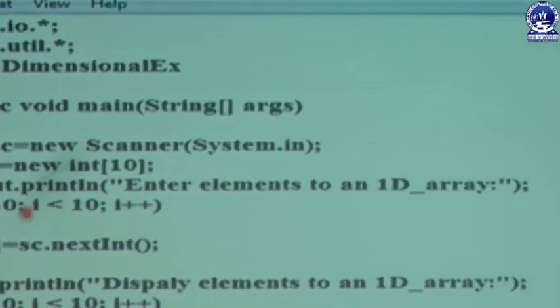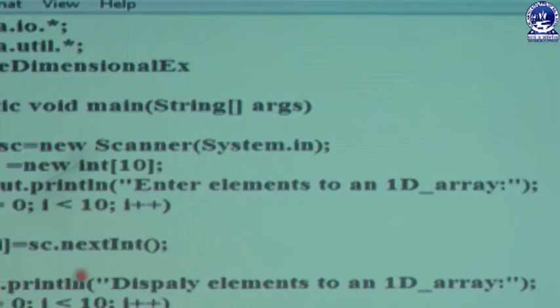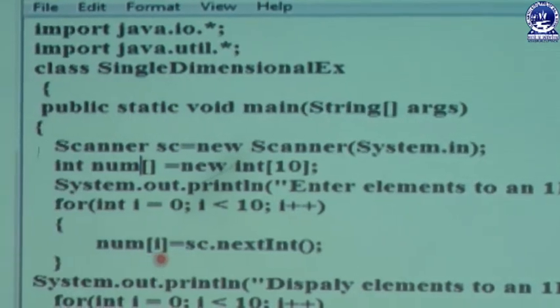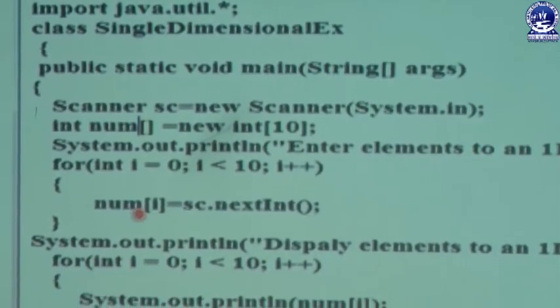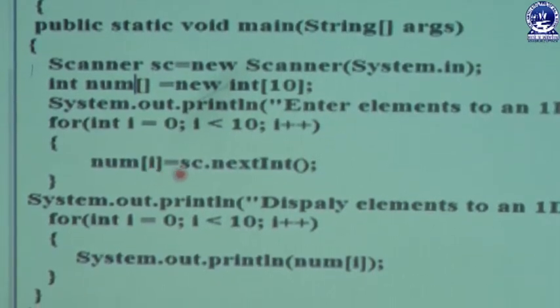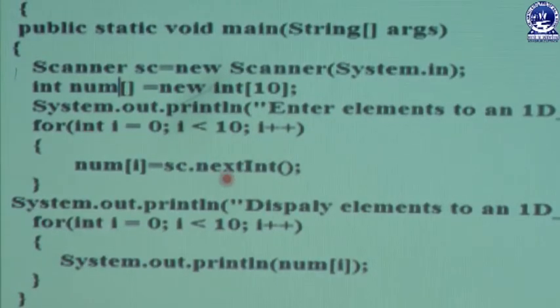First i is 0, 0 is less than 10, the condition is true, then control shifts to the next statement, norm[i], meaning the norm 0th position, then sc.nextInt. With the sc.next method we can dynamically input an element to the norm 0th location, that may be 10.